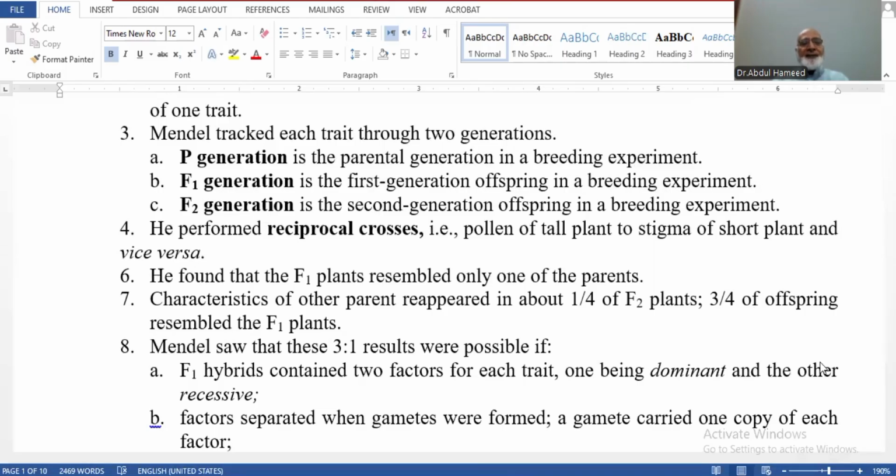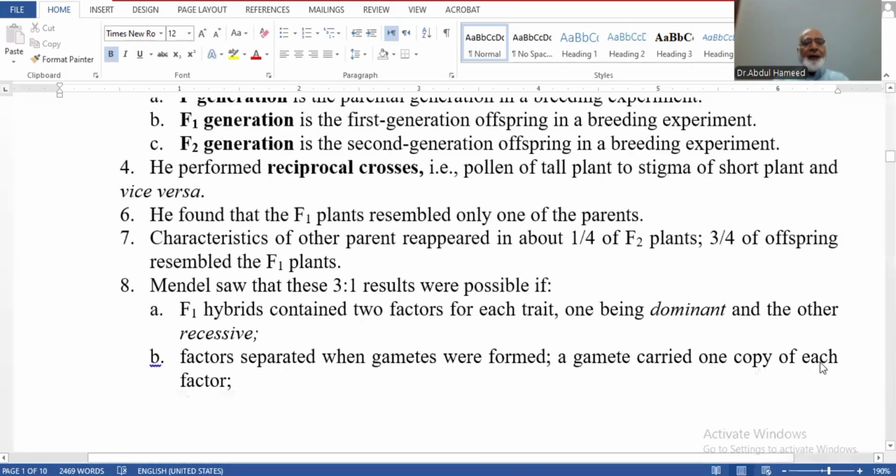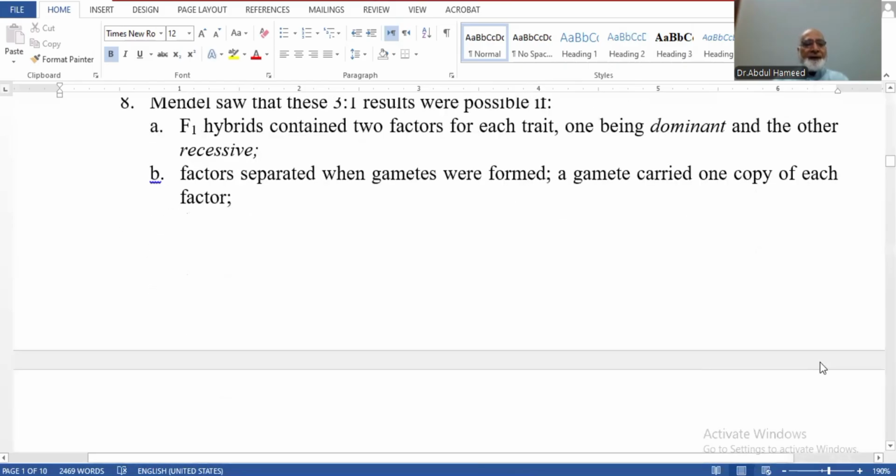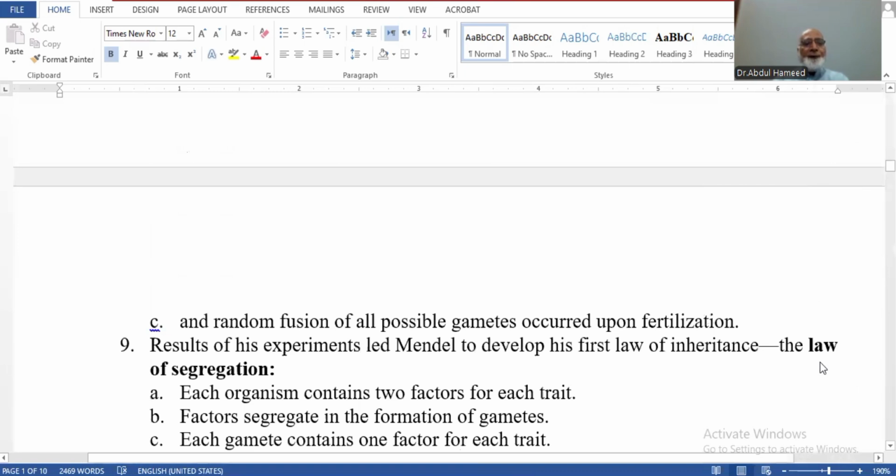Mendel saw that this 3:1 ratio is possible when the F1 hybrid obtained two factors for each trait, one being dominant and the other recessive. Factors separated when gametes were formed, a gamete carried one copy of each factor, and random fusion of all possible gametes occurred upon fertilization.